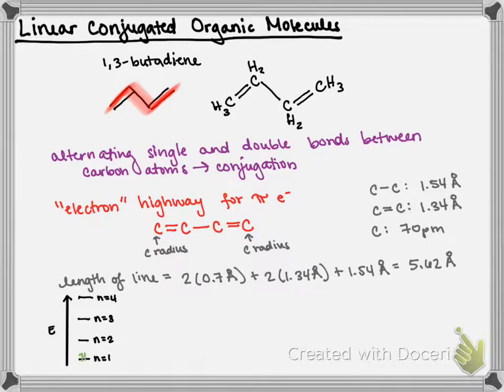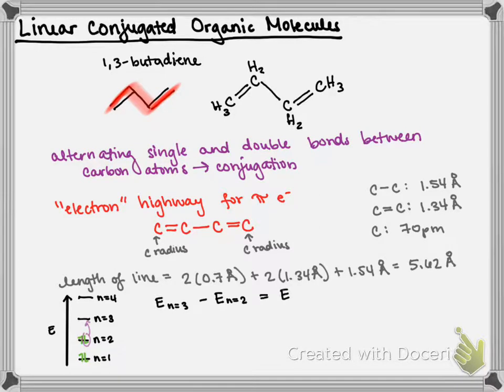So let's put our 4 electrons into this energy diagram. We'll see that we have 2 electrons in n equals 1, 2 electrons in n equals 2, and so our ground state would be n equals 2 as the highest occupied level, and we could think about taking one of those electrons and using light to excite it up to n equals 3. So our transition here might be from n equals 2 to n equals 3 if we're absorbing a photon as this molecule.